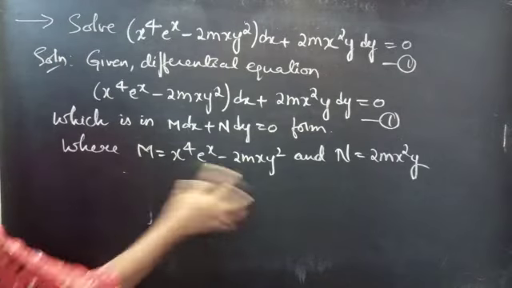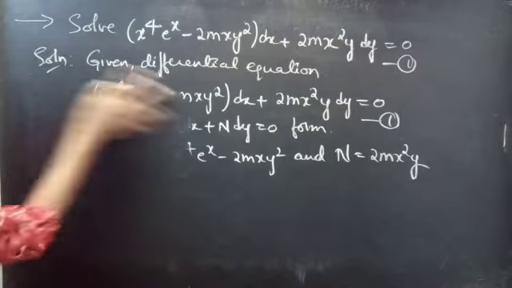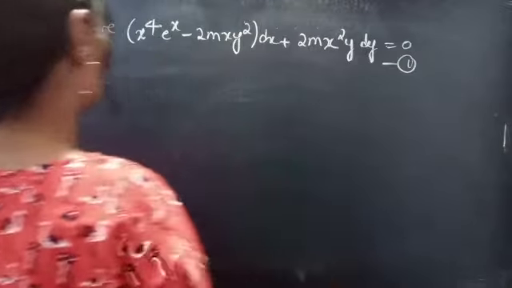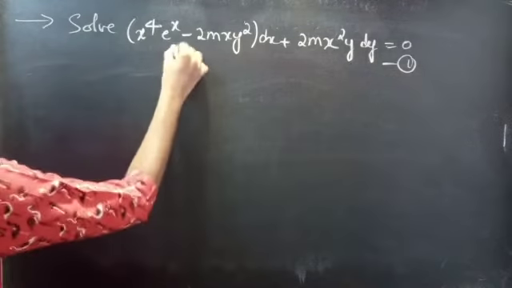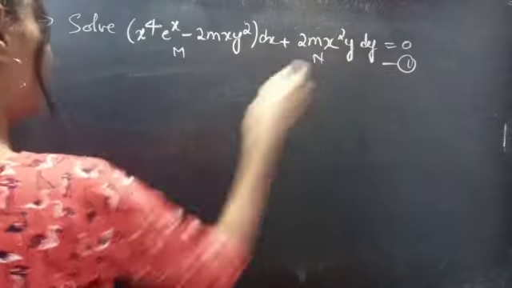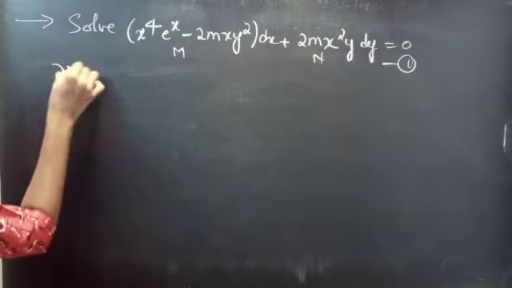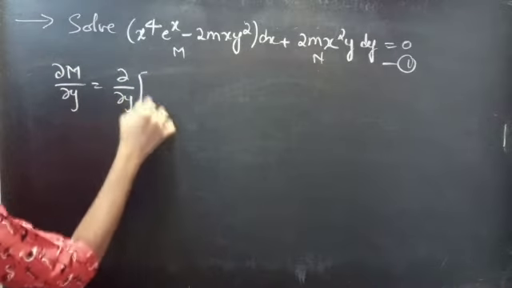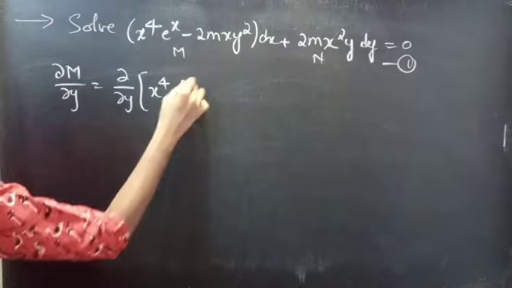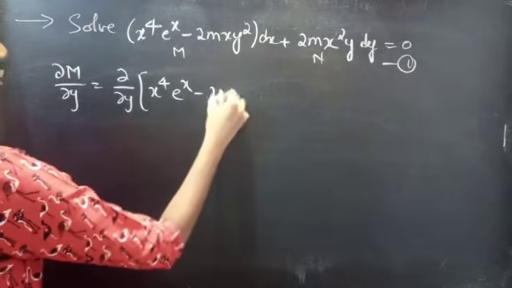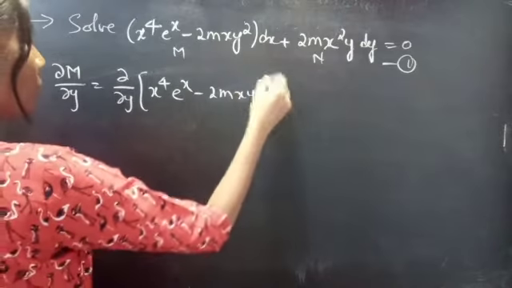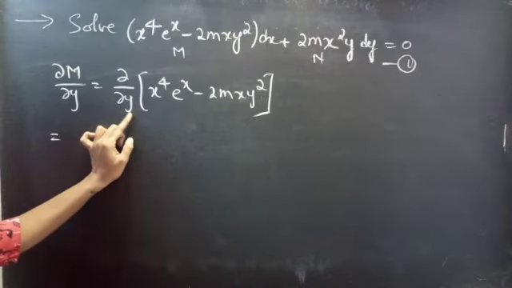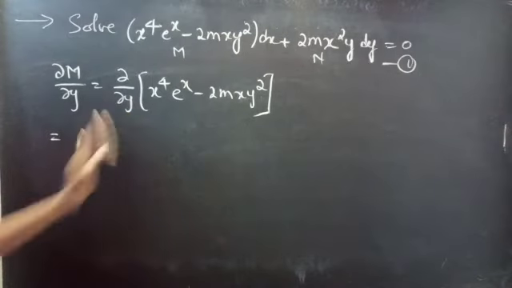So now let's find the partial derivatives. This is your M and this is your N. Firstly, we'll find the partial derivative of M with respect to y, which is ∂/∂y of (x⁴eˣ − 2mxy²). Here we are doing partial derivative with respect to y, so x will be treated as constant.